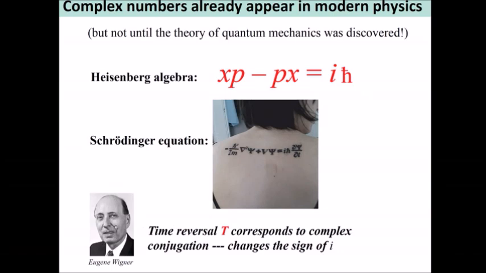And Wigner explained to us that time reversal, T, corresponds to complex conjugation. That is, time reversal means changing the sign of i. And you can see that in the Schrodinger equation. If you change the sign of i, that is exactly the same as changing the sign of t.